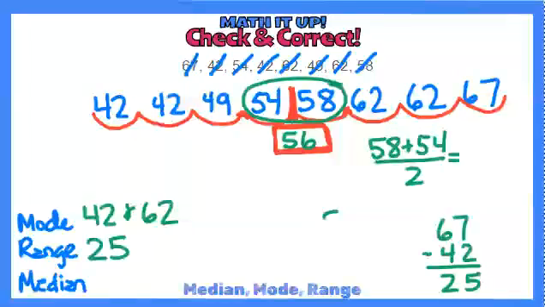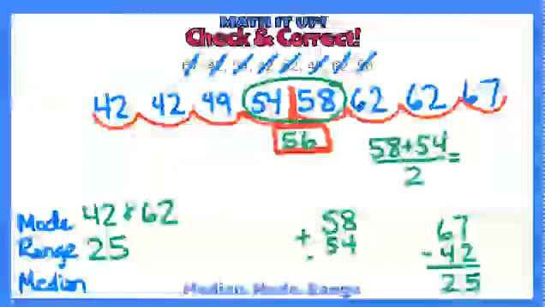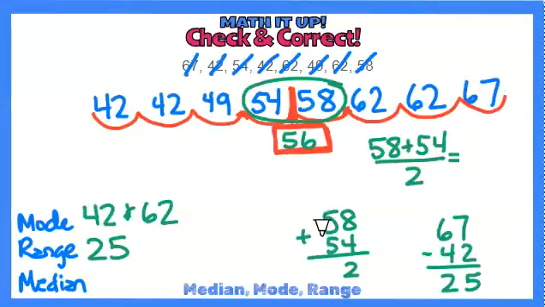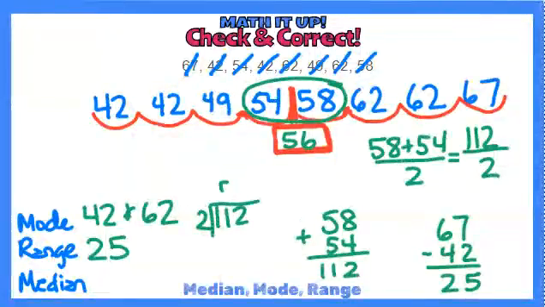So we would add that 58 and add that 54 to it. And again, you can use a calculator. That's going to be 112 divided by 2. And of course, 112 divided by a 2 is going to be, we already know what it is because we can see it is 56. All right, so there's our median.